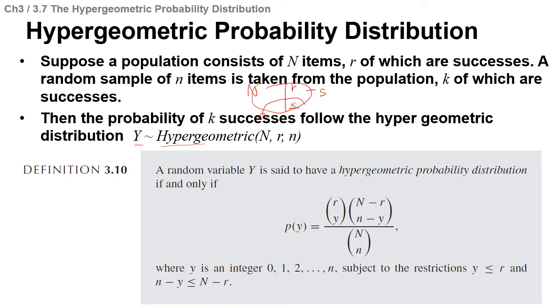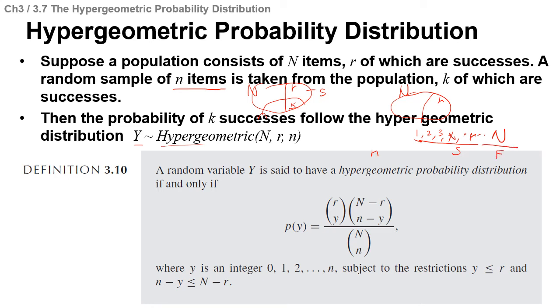So here's the population. We have N number of items, and there are r number of success, and we are sampling n number of items. The population is like 1, 2, 3, 4, dot dot dot N, and we are randomly selecting n numbers from here. 1 to r, they are success, and r plus 1 to N, they are fail.